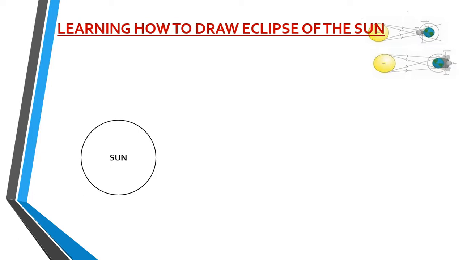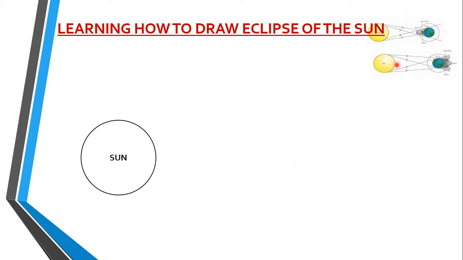Then the next one is to draw the moon. It should be as small as possible. It should be smaller than the earth. But in drawing the moon, it should be drawn at a distance away from the sun, close to your right red margin in your exercise book, or if it's a drawing sheet you are using, close to the right edge, but not very close, just towards it.